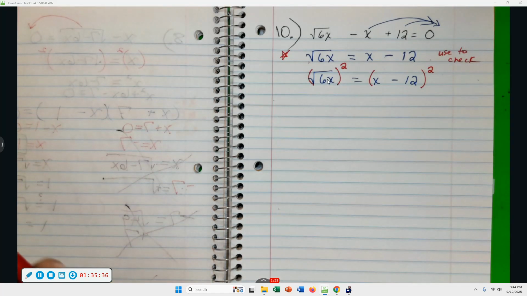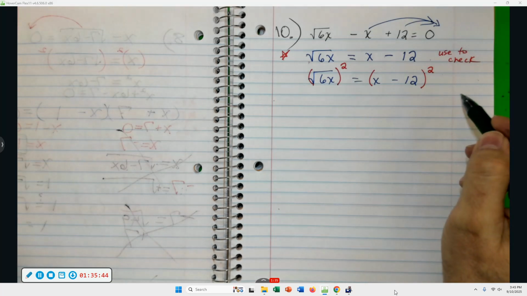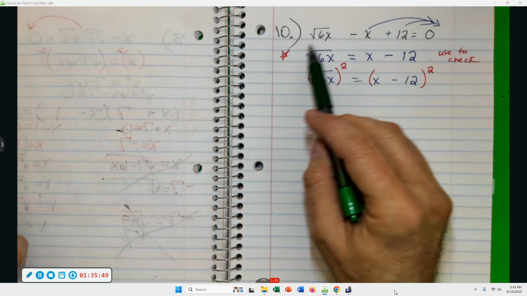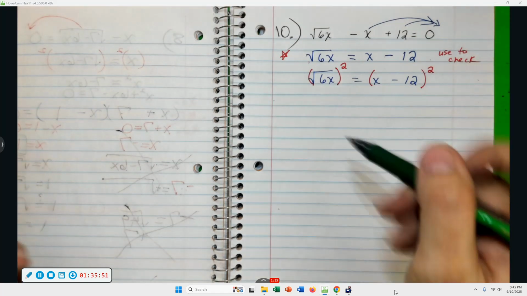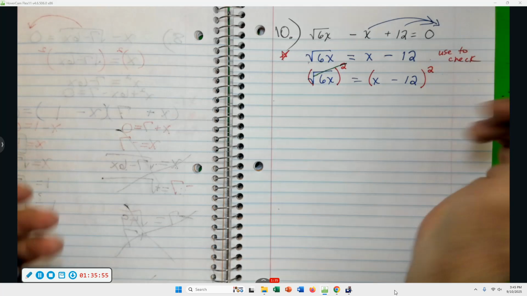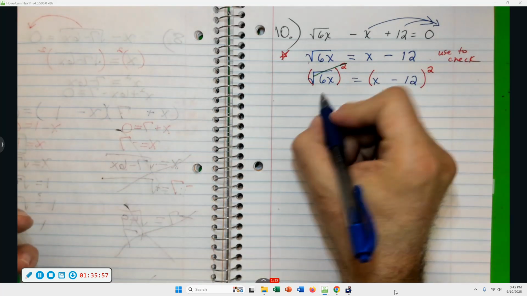By isolating the radical, you're not going to have to FOIL out something with the radical, so that's a plus, but you're still going to have to FOIL out that x minus 12 times x minus 12. That would be easier than FOILing out anything with the radical. So here the square root and the square cancel, leaving us just 6x.